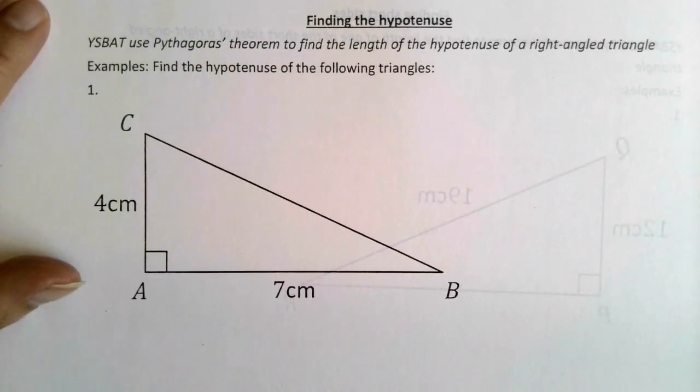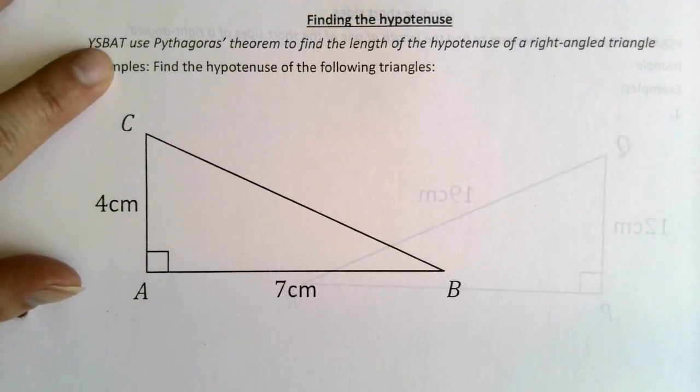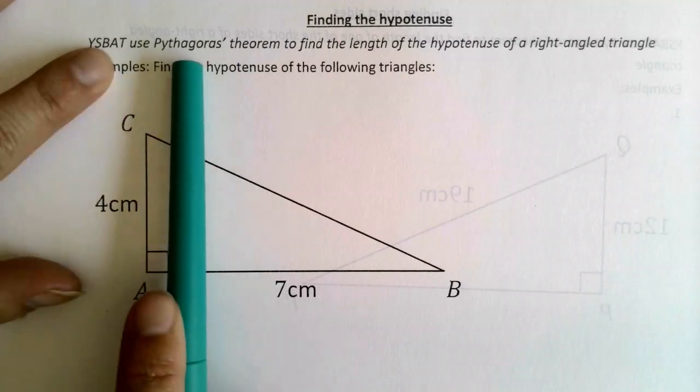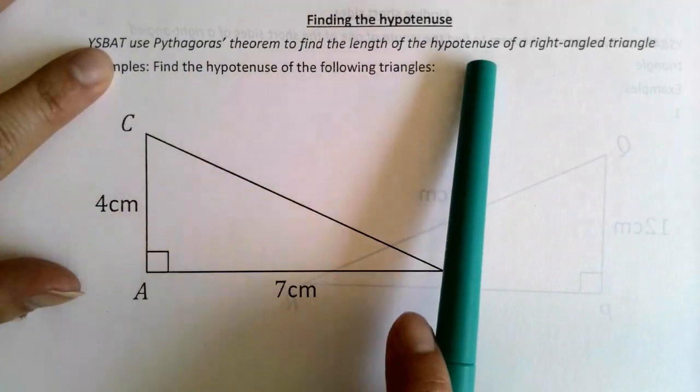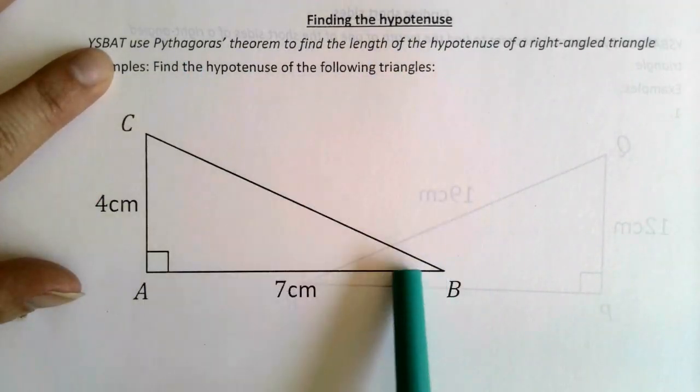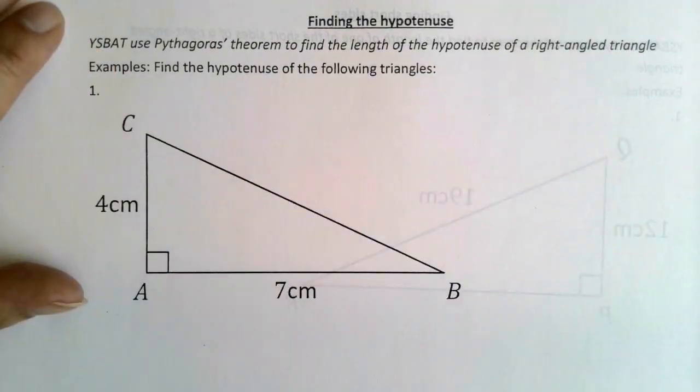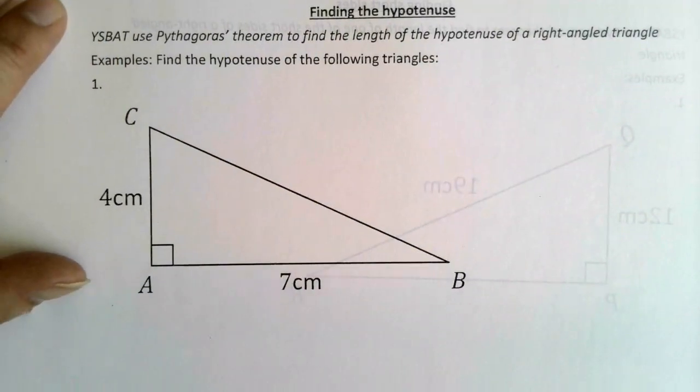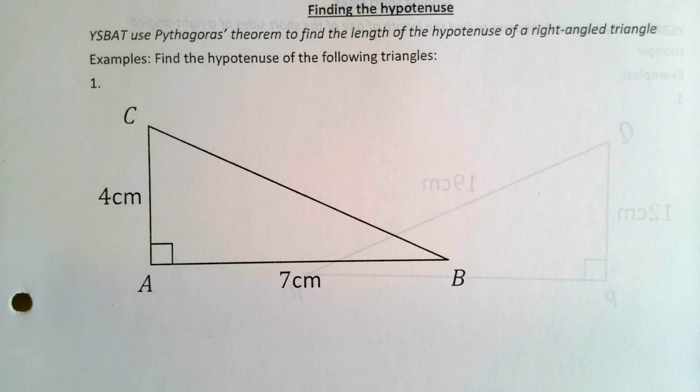Okay, so on to page 77, we've got a couple of examples before we start our classwork. So we have to use Pythagoras' theorem to find the length of the hypotenuse, and remember that's going to be the longest side here of a right angle triangle, and we've got these two to do. So the first step that we need to do whenever we're doing these is to label the sides of the triangle.